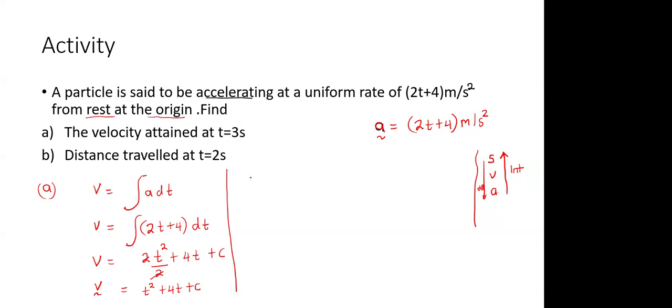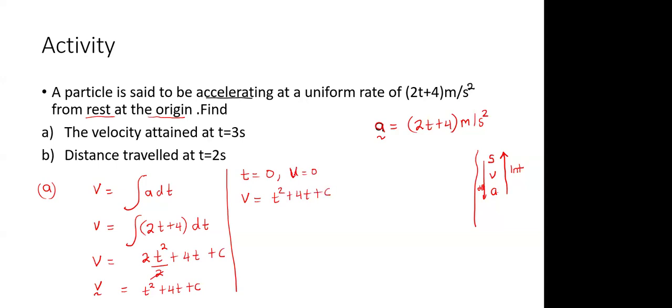So what you ask yourself: at rest, at the origin, meaning that its initial time t is going to be 0. And since it was at rest, we know that its initial velocity, we call u, is also 0. So v is equal to t squared plus 4t plus c.